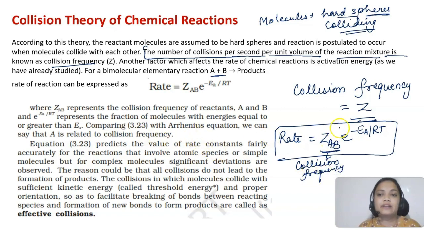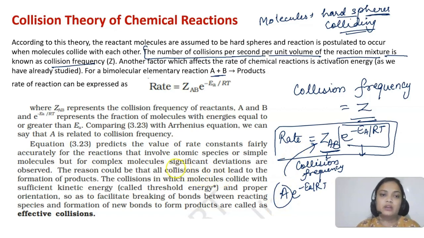And this second factor represents the fraction of molecules, as we have already discussed, having energies equal to or greater than the activation energy. So इस equation को we can relate with the Arrhenius equation, which is A e raised to the power minus Ea upon RT. So we can say this A is related to the collision frequency.